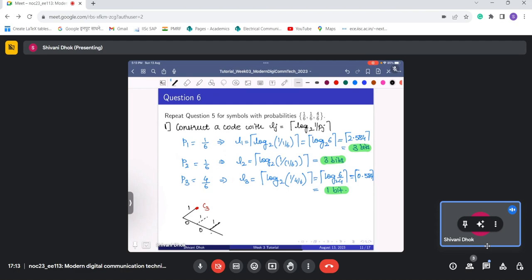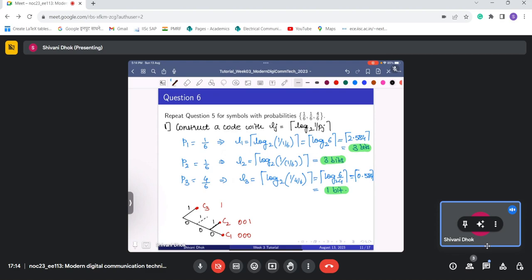And now I'll get 3-bit codes. Let's say this is C2 and this is C1. So the first 3-bit code is 0 0 0, which is here. The next 3-bit code is 0 0 1, which is here. And the 1-bit code is 1.